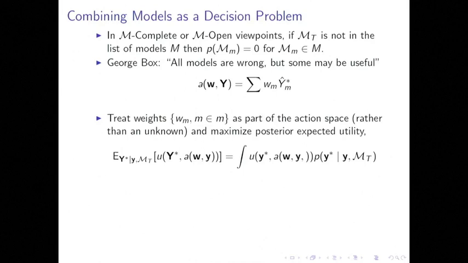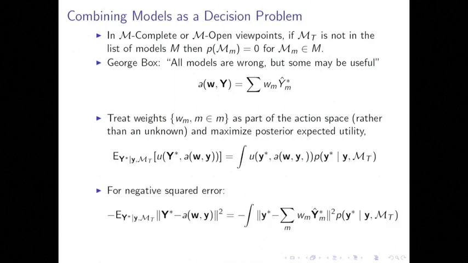Okay? And so again, we can write that down. Now, whether we can solve it, okay, that's always another issue, but at least we can frame the problem in that way. Okay, so again, for negative squared error as a utility, we're looking at trying to minimize this quantity.